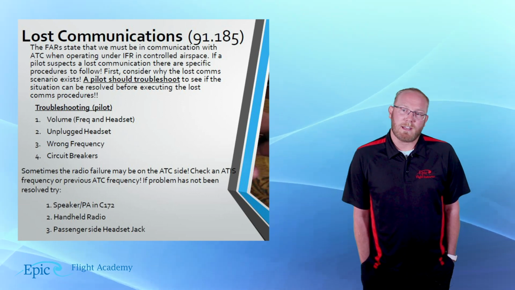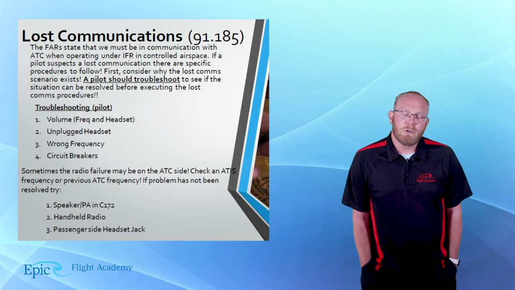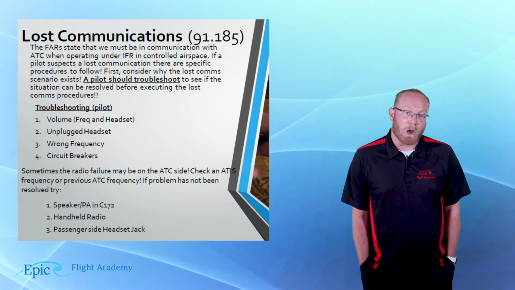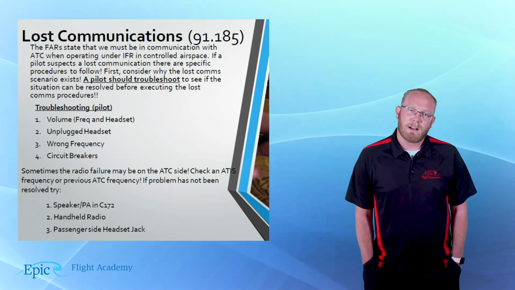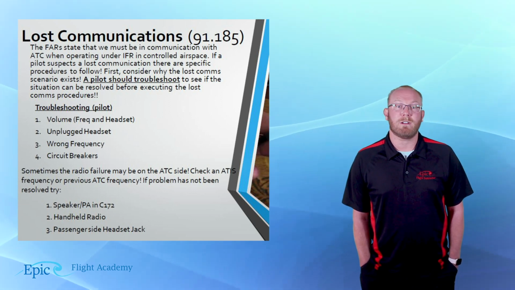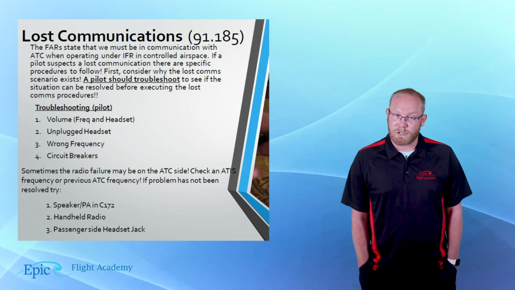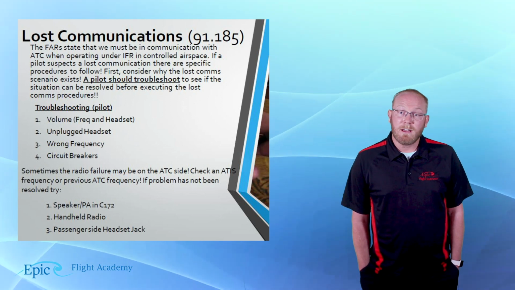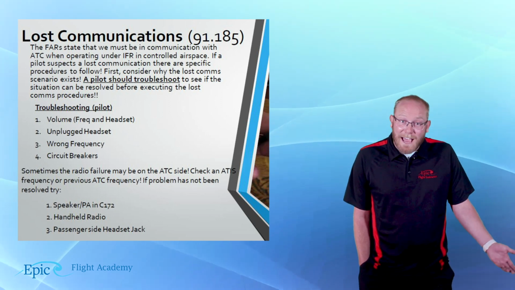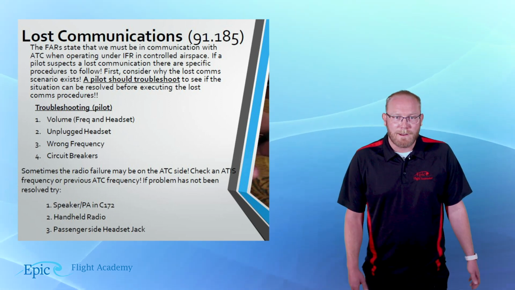Now, lost communications as a whole usually does not happen very often. And when it does, there are some easy troubleshooting techniques and tips that we can do to try to solve these issues. Some of those things can be the volume on your headset just happened to get a little bit too low, right?